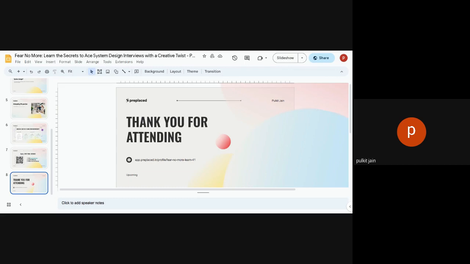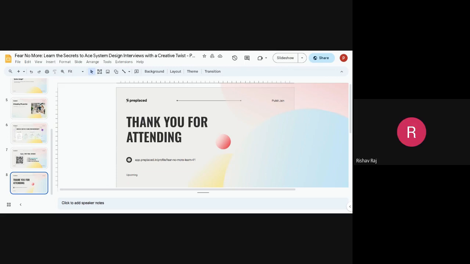There is a book by Alex Xu. There is DDIA, Designing Data-Intensive Applications. Before that, I have a few notes which you can refer to before even reading through those books. So that should be fine.